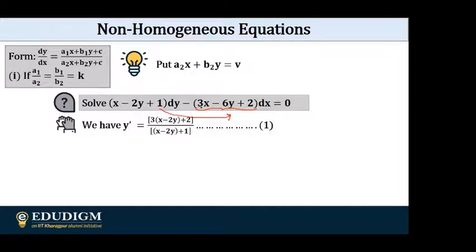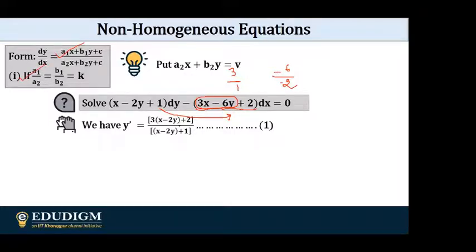Now I can take 3 common from this. So this will be actually 3 into (x minus 2y plus 2) divided by (x minus 2y plus 1). So 3 by 1, if you compare the coefficients, is the same as minus 6 by minus 2. So you have this structure, you have this condition.